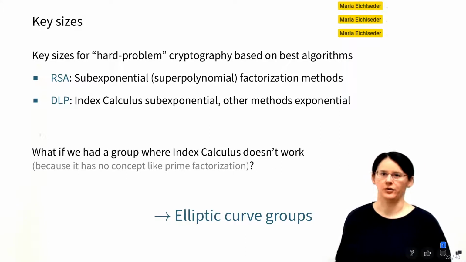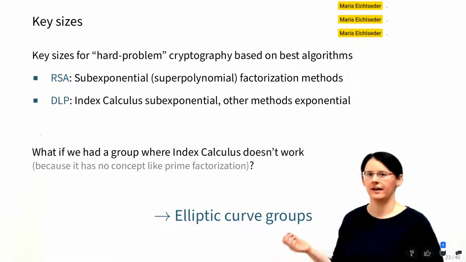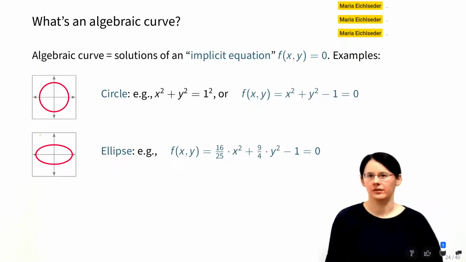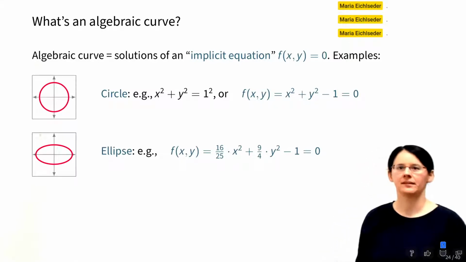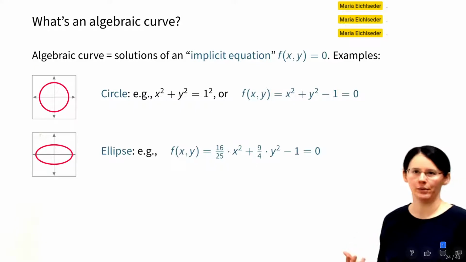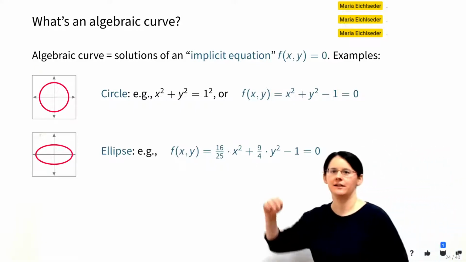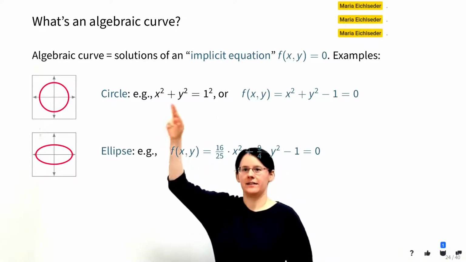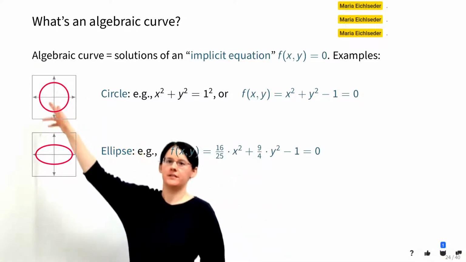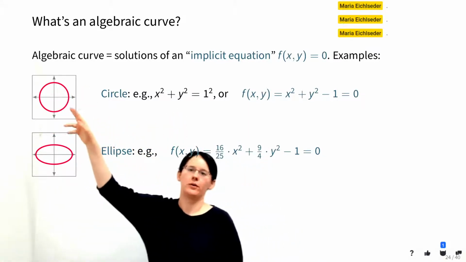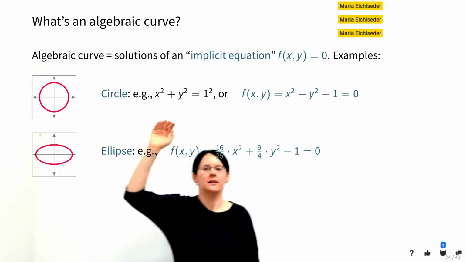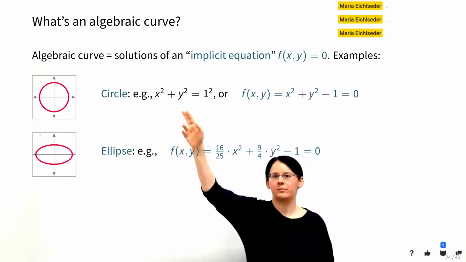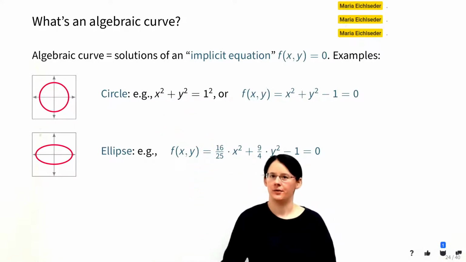What's an algebraic curve? Because elliptic curves are a type of algebraic curve. You already know some algebraic curves from your high school times, I guess. Namely, when you had a look at geometry, you probably learned some equations like the equation of a circle, where you take the x and y coordinates of the points, and you notice that if you look at a circle with radius 1, then all the points on the circle satisfy the equation x squared plus y squared equals the radius squared, so 1.